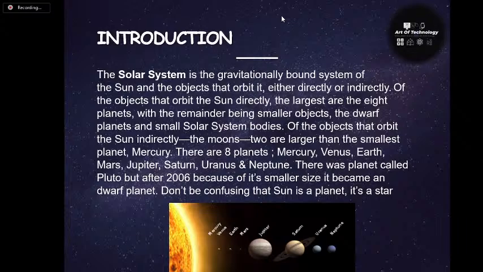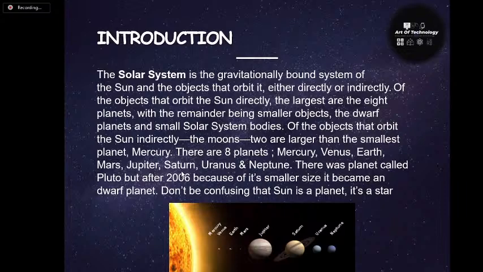Of the objects that orbit the Sun indirectly, the moons, two are larger than the smallest planet, Mercury. There are eight planets: Mercury, Venus, Earth, Mars, Jupiter, Saturn, Uranus, and Neptune.